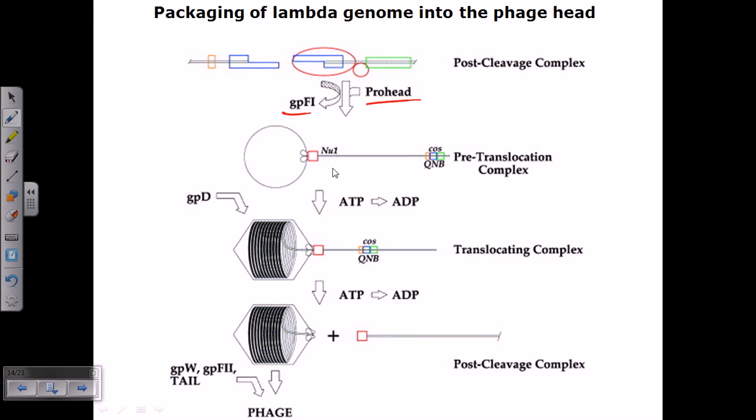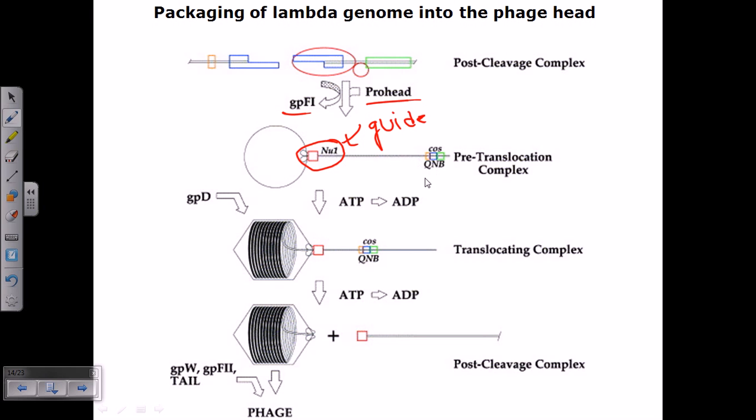So cos is here, and then it requires the NU1 protein. Now NU1 protein is a guide protein. Let me write. It's a guide protein which is required during the packaging of the phage genome inside the phage head. Okay, so it is bound with this head and the DNA packaging regions, giving guidance to this phage genome to be inserted inside the phage head.